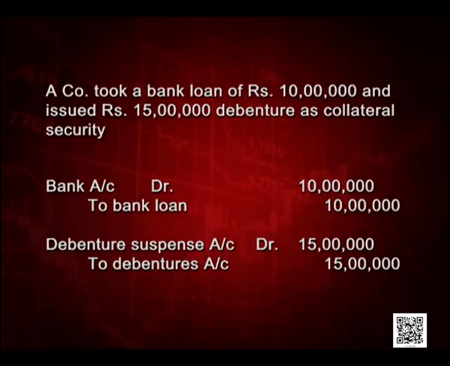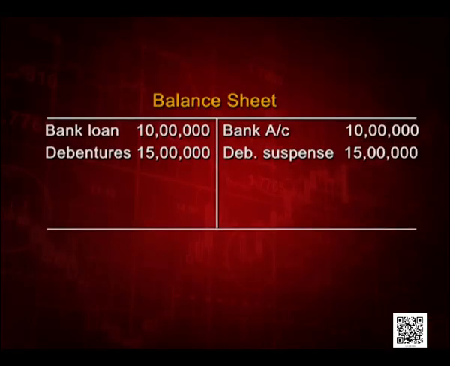So, we have to put them in a suspense account, debenture suspense account, this is the name given to them. So, entry will be debenture suspense account debit 15 lakh to debentures account. The position in the balance sheet will be like this, debenture will be shown on the liability side and debenture suspense on the asset side as that miscellaneous expenditure point.